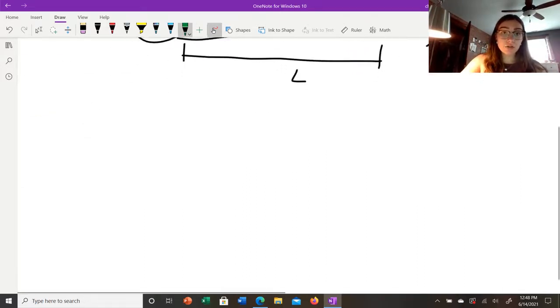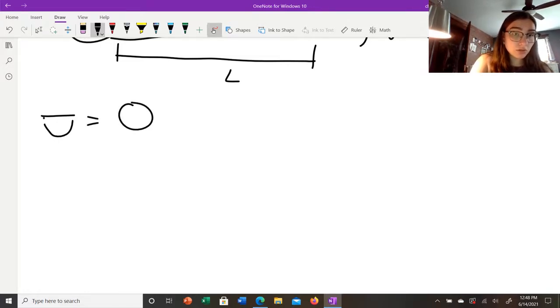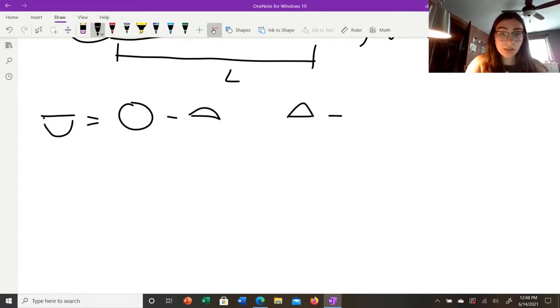So let's take a little bit, let's think about how we're going to find that. If you think about it, we'll keep drawing it like this. This is equal to a circle minus the top part, right? Okay, let's keep going. So the top part is equal to this ice cream cone shape minus this.